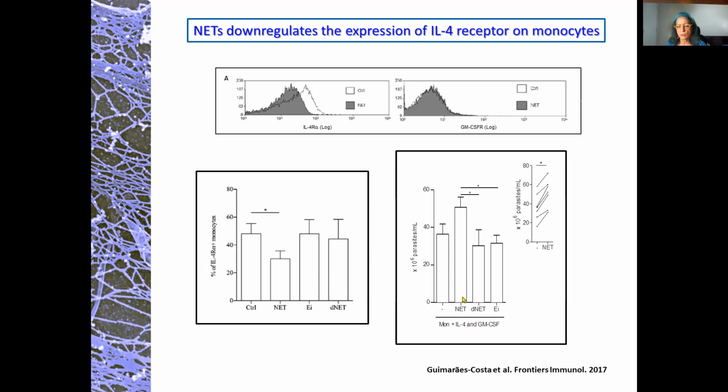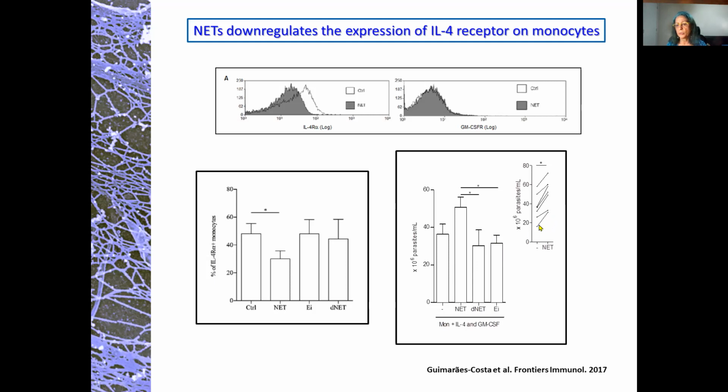If you infect these monocytes that differentiated in the presence of IL-4, GM-CSF, and NETs, you have cells that are much more permissive to parasite replication than if you use digested NET or NET inhibited using the elastase inhibitor together with NET, showing again that these effects are mediated by neutrophil elastase.